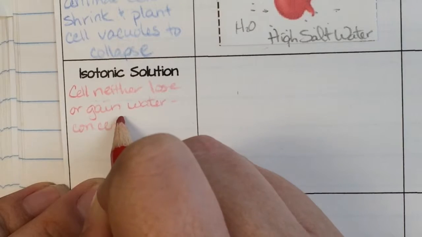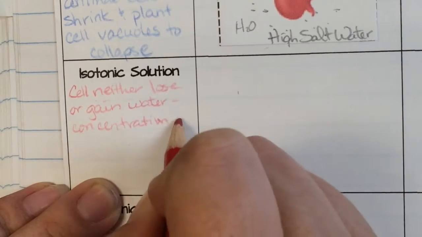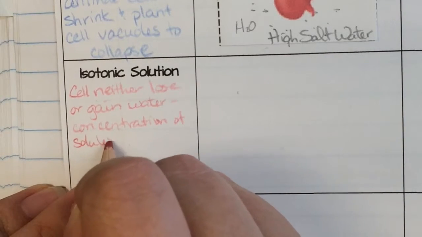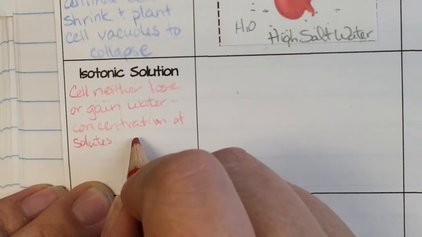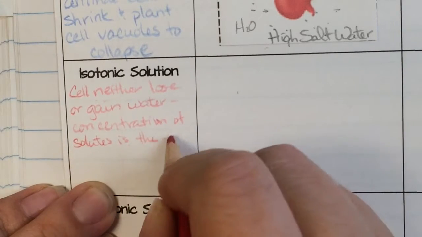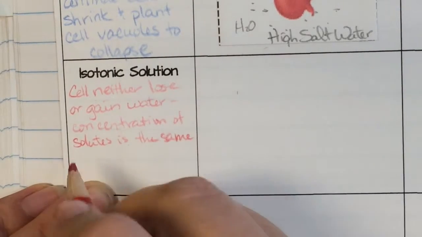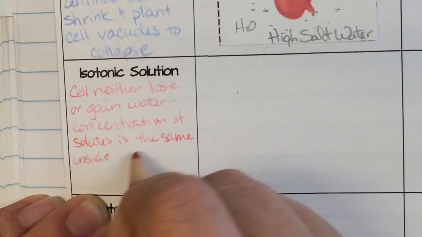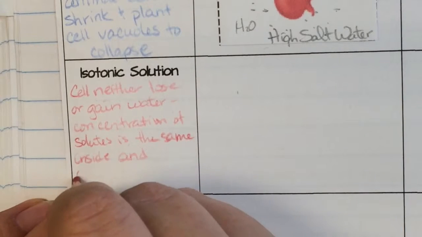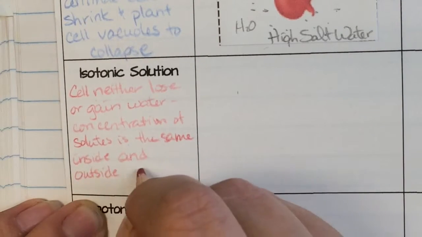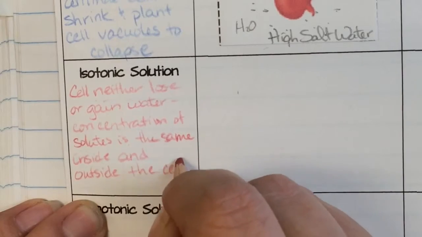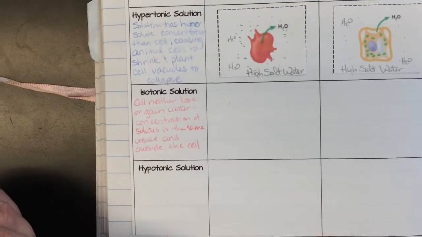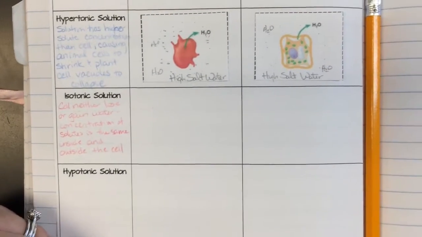The concentration of solutes is the same inside and outside the cell. So pause the video here real quick and look for those pictures that show the same on the inside and the same on the outside.